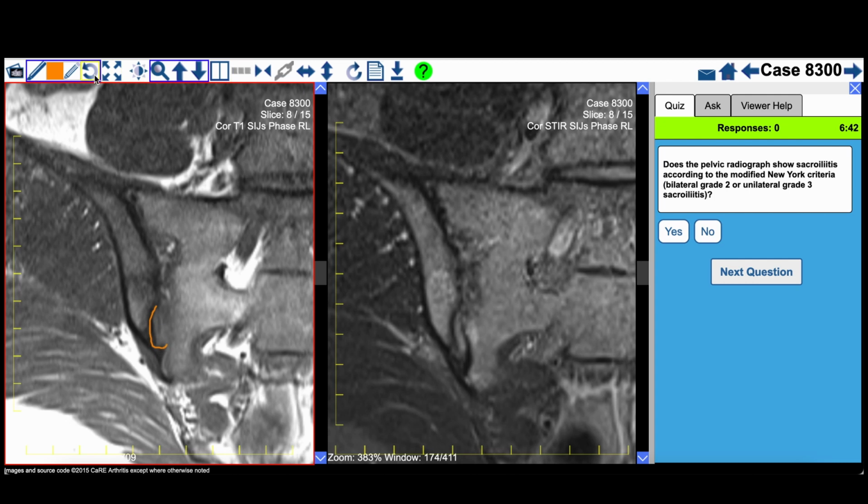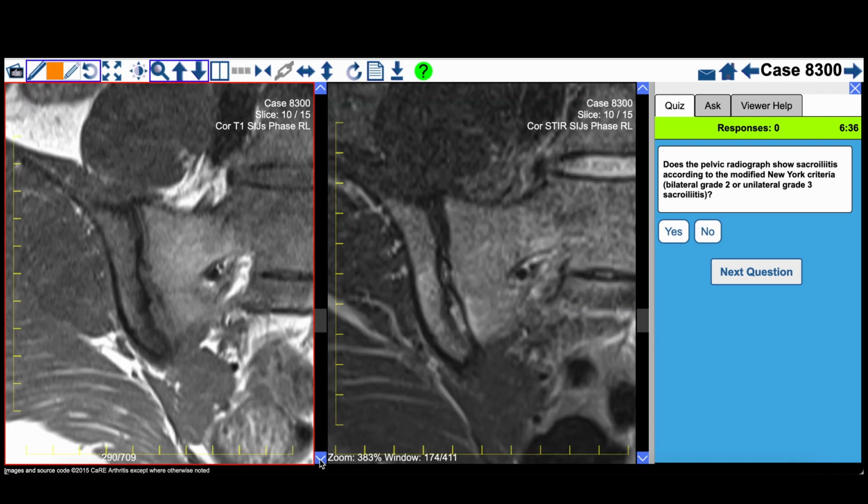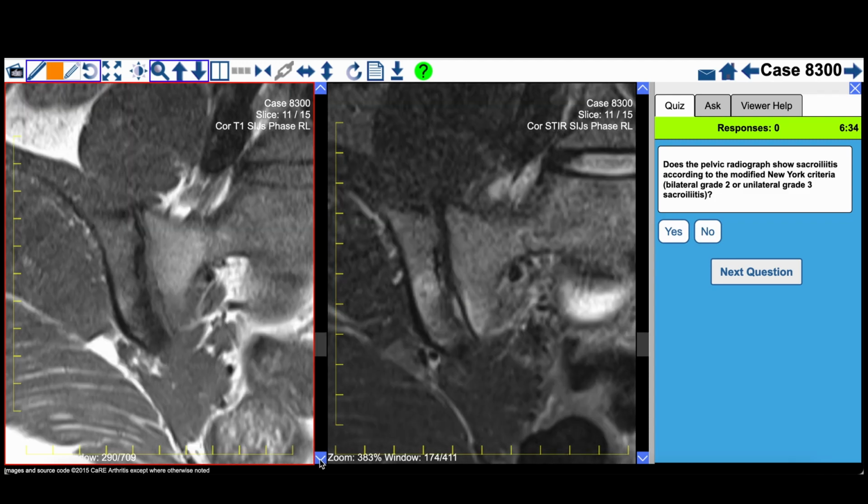So when we see it in at least 2 slices, we can be confident that this is a definite erosion. And here we can see this in at least 4 slices. There is also some bright signal in that erosion cavity. And so this patient has inflammation in an erosion cavity, which is highly specific for spondyloarthritis.